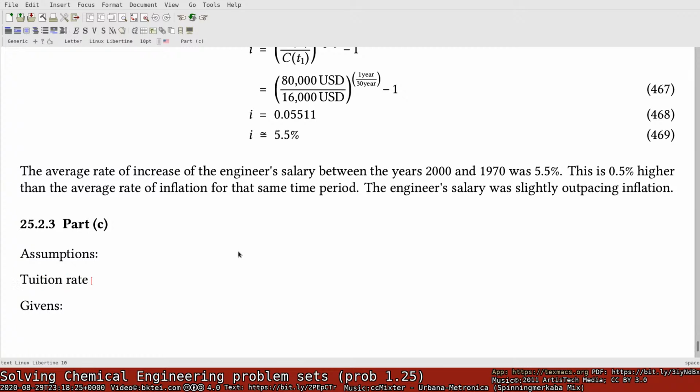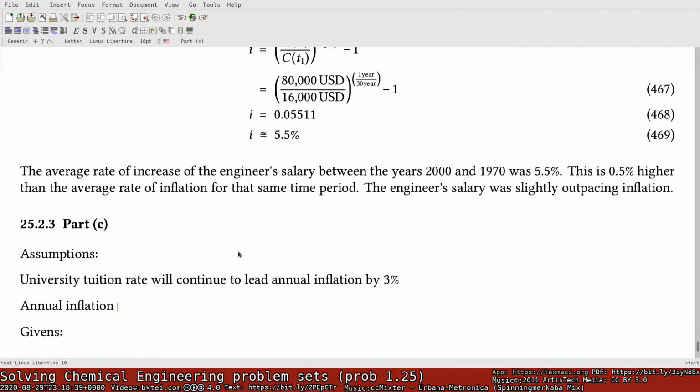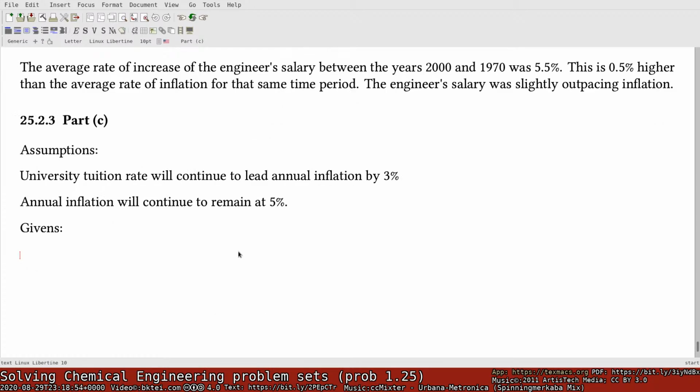University tuition rate will continue to lead inflation by 3%. Annual inflation will continue to remain at 5%. Okay, givens. Let's go with that.